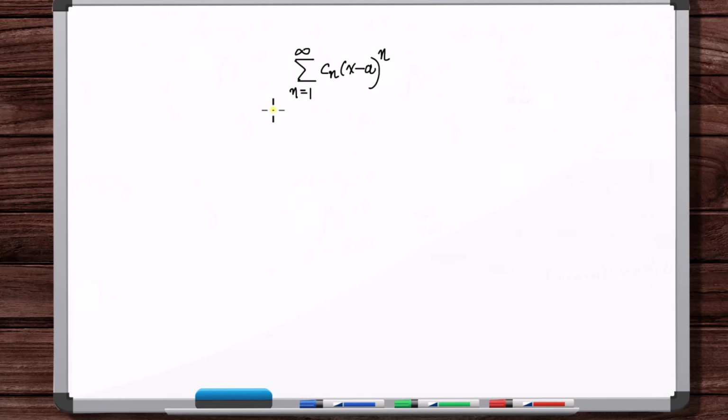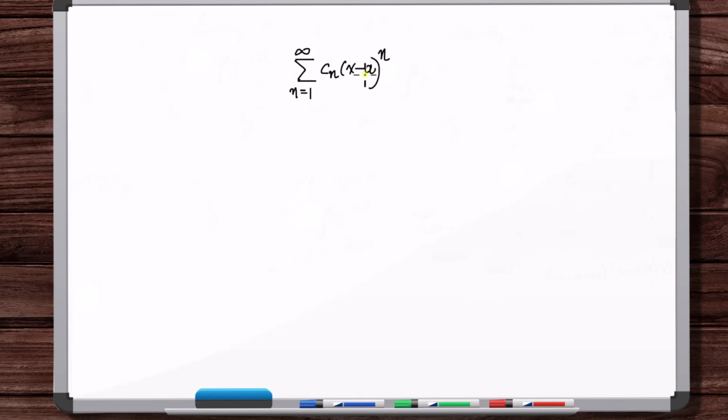Okay, so when it comes to power series, which is the only type of series we're dealing with for the rest of this chapter, it's all about power series, right? That's what a Taylor series is. That's how we're going to represent functions as series, using power series. It's all this form right here: a c sub n, which is some function of n where you plug in the n and you get a constant, it depends on the n, multiplied by this power term here, x minus a to the n.